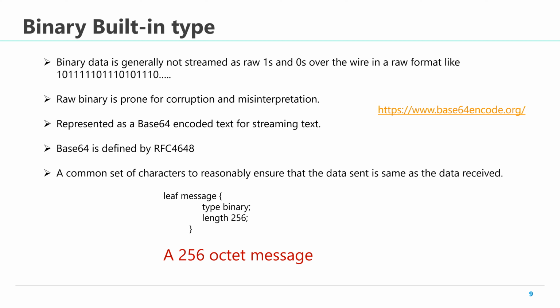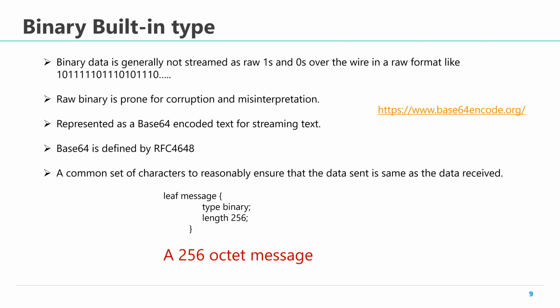The form of defining this is very simple. You just state the type as binary. You can restrict it by specifying the length of the binary message. You can specify the number of octets that a binary type leaf can hold.